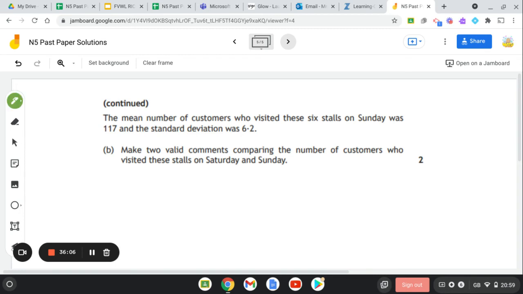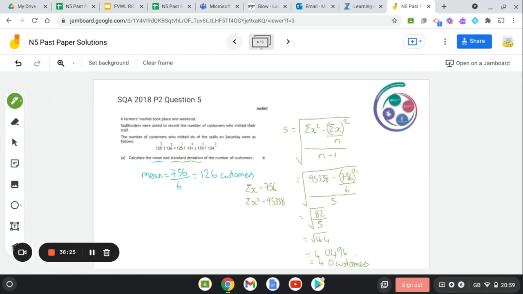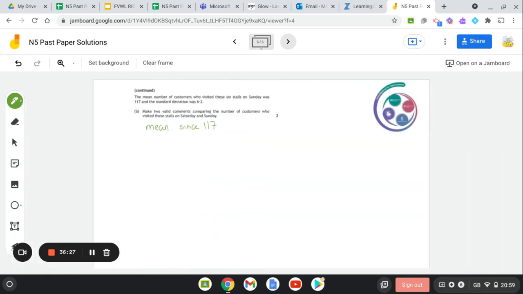So when it says to make 2 valid comparisons, we have to make a comparison first about the mean. So what we say is that since 117, and we go back and have a look at the mean for our Saturday values, it was 126.